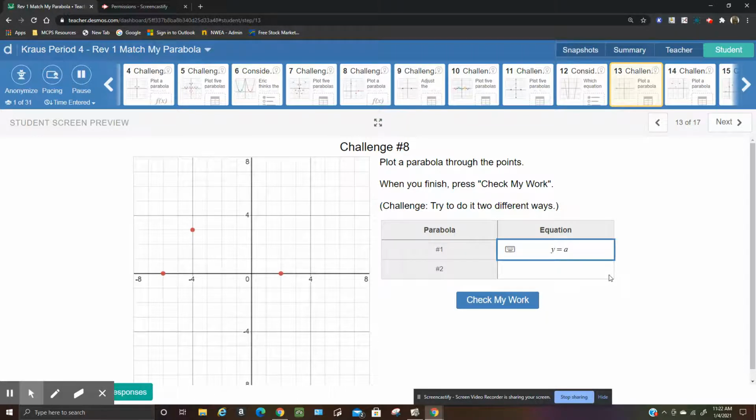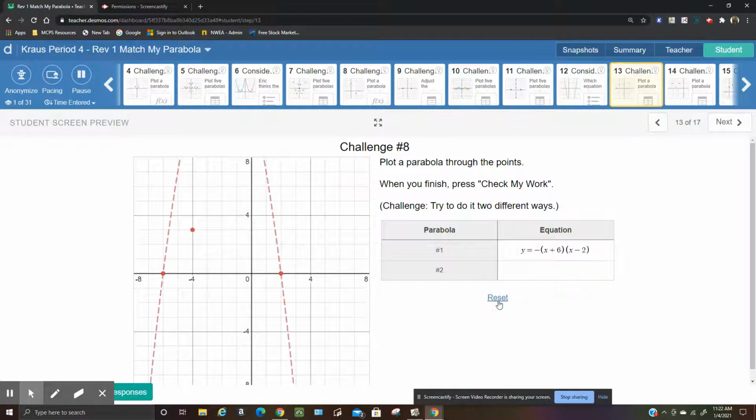You're going to use the intercept form: x minus -6 would be x plus 6, and x minus 2. So if I do that with a negative, because it's facing downward, it goes through the right points there.